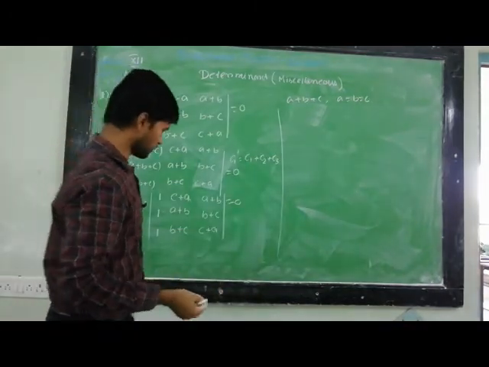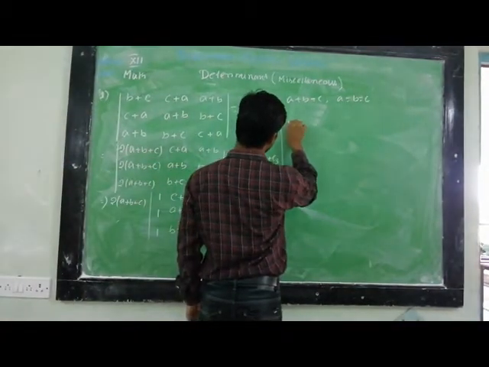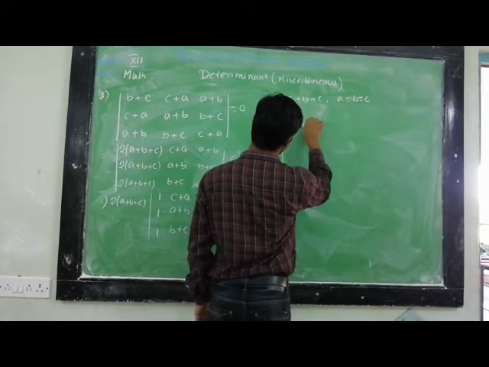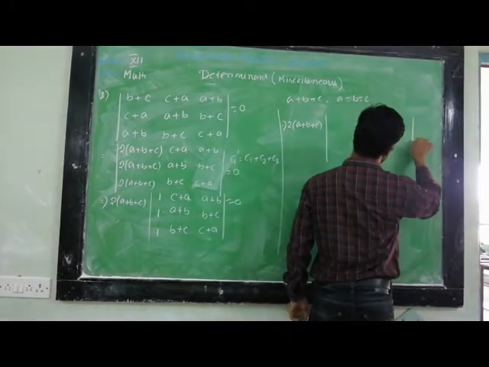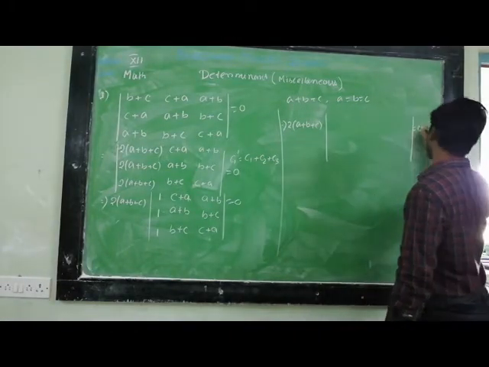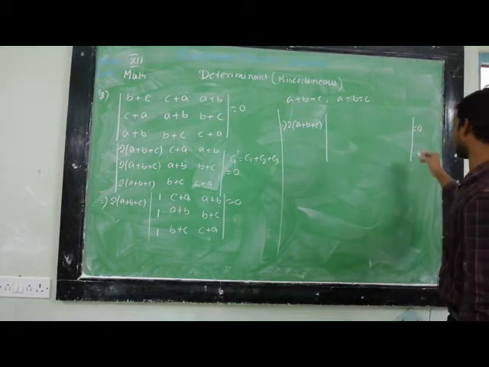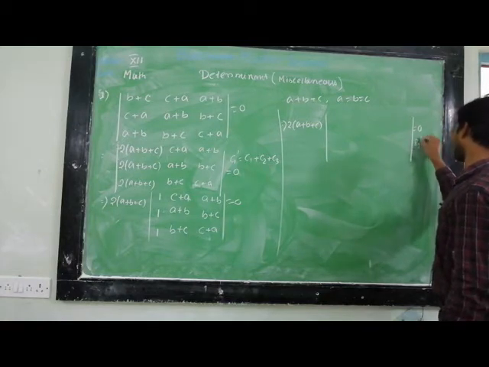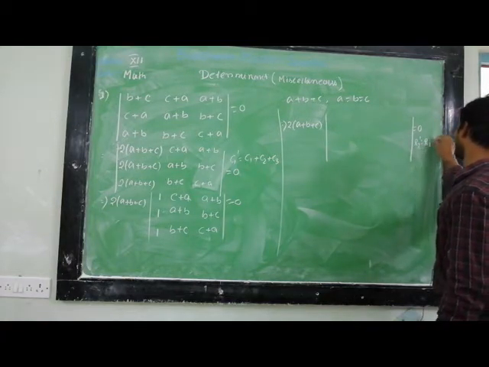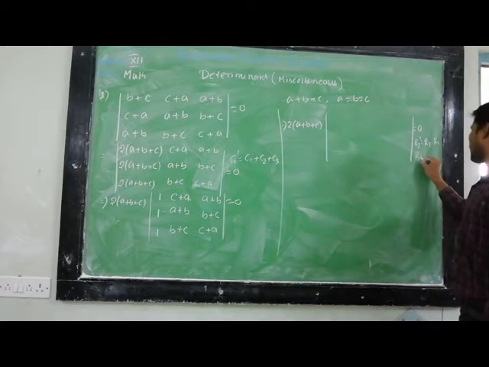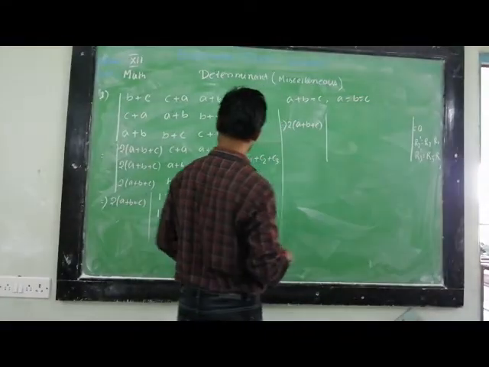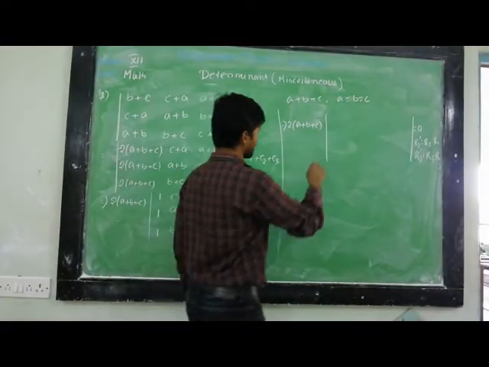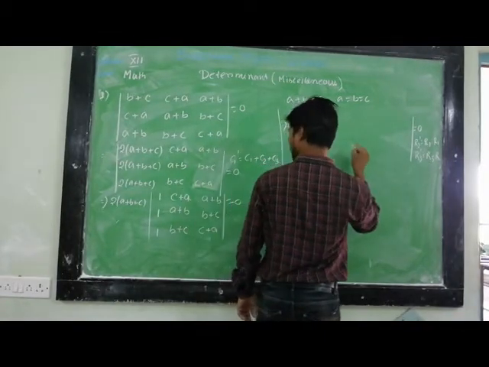Now that implies 2 into (A plus B plus C) times the determinant. Now here we'll apply another two operations: R2 = R2 minus R1 and R3 = R3 minus R1. So if I apply this operation on this determinant, let's see what happens. So the first column will be unchanged.